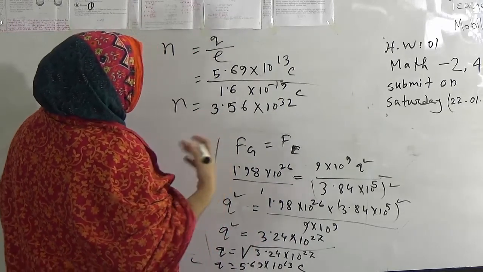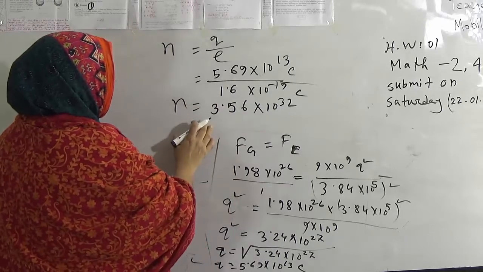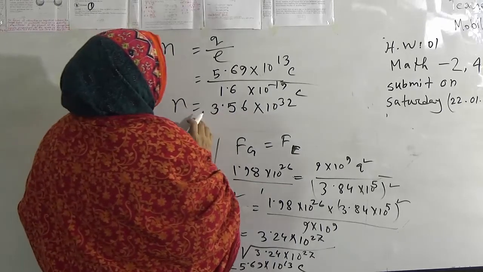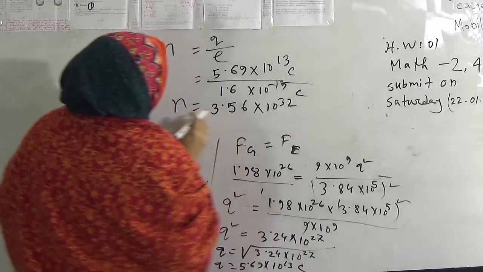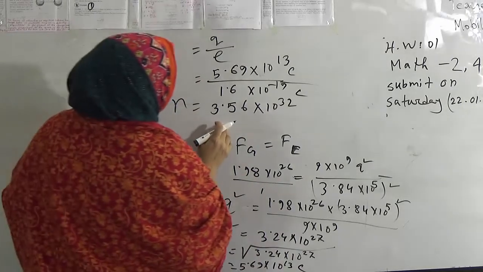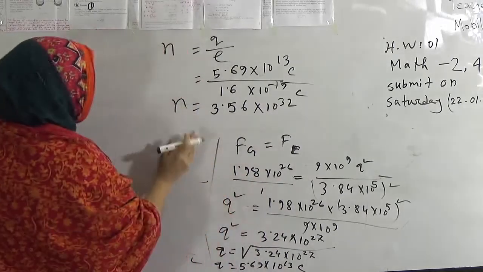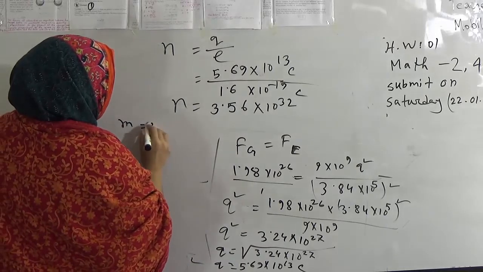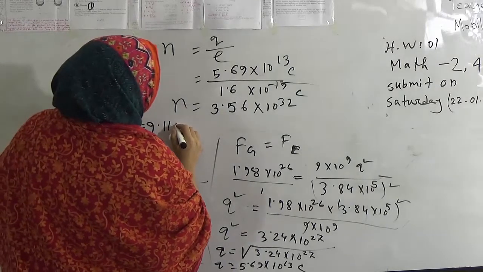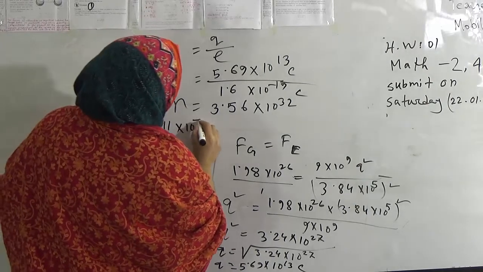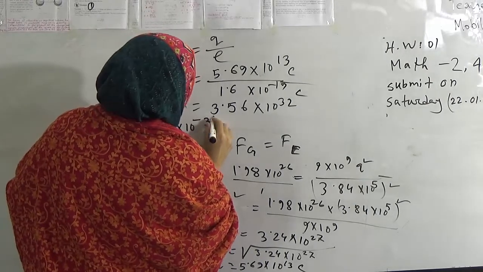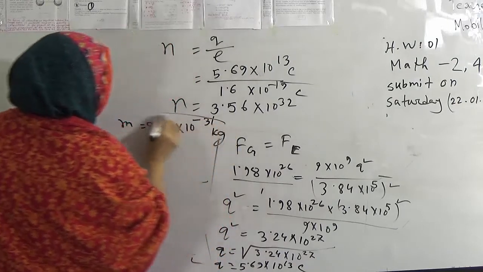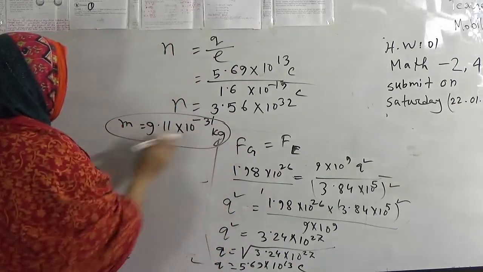Now we can find out the mass of the electron. We know the mass of the electron is 9.11 into 10 to the power minus 31 kg. My dear students, this value you have to also memorize.